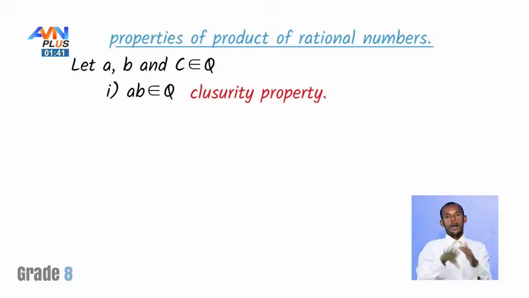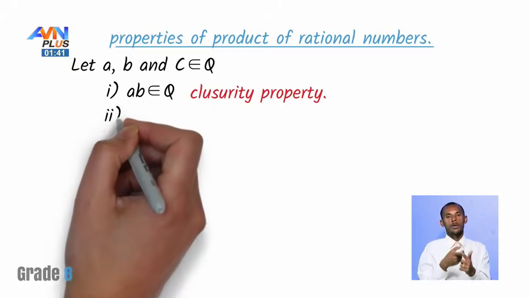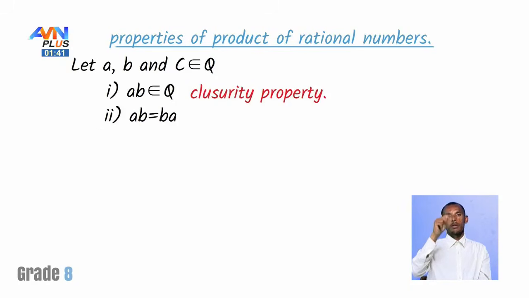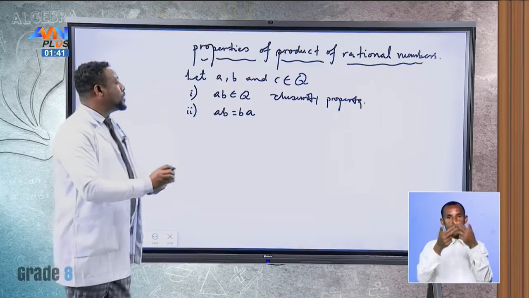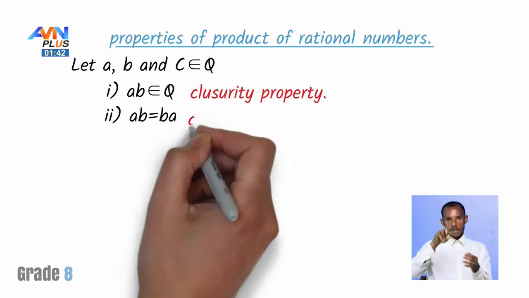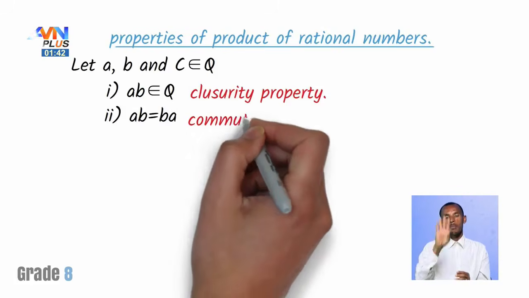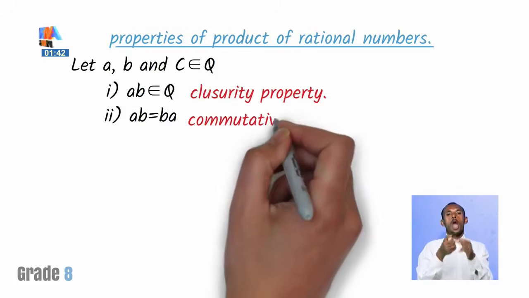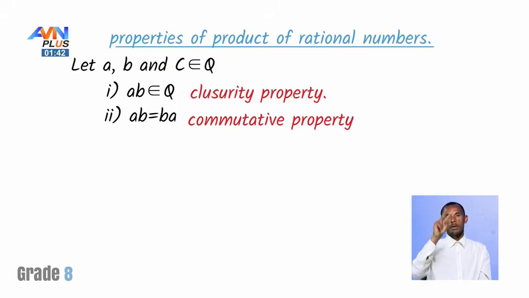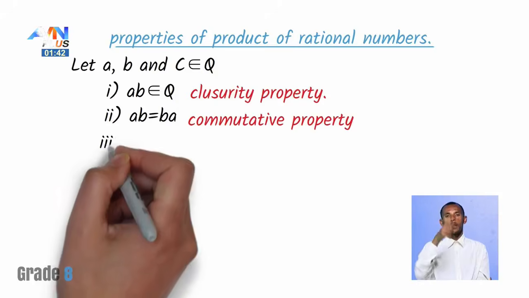The second one is commutativity property. A times B and B times A are the same for any two rational numbers A and B. And this property is called commutative property. The third one is associativity property.